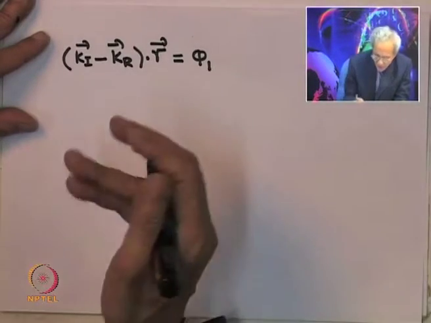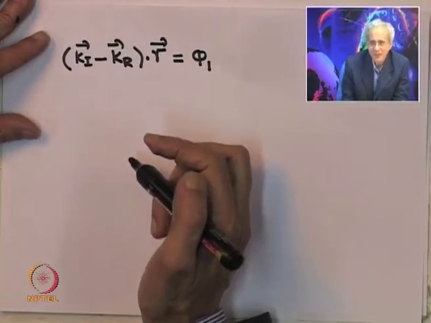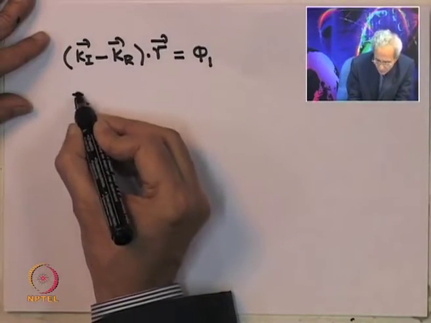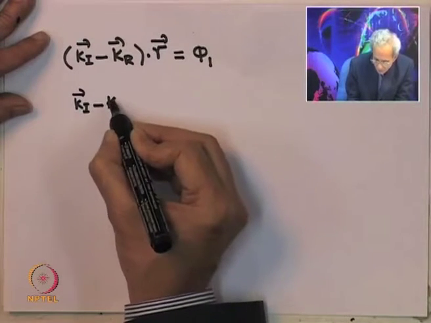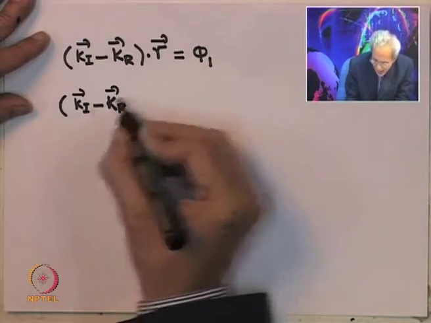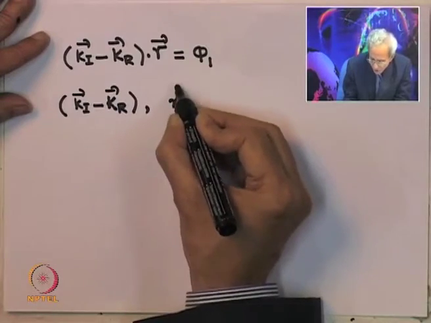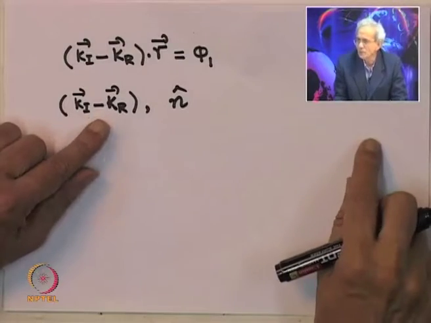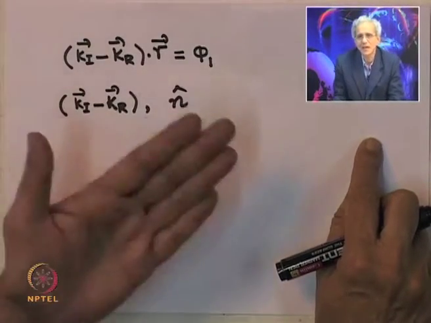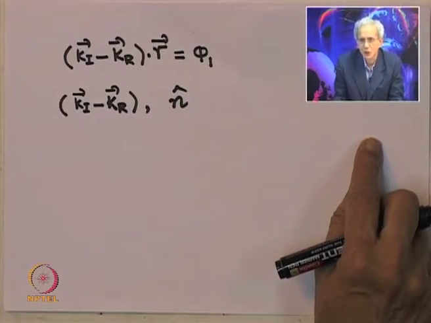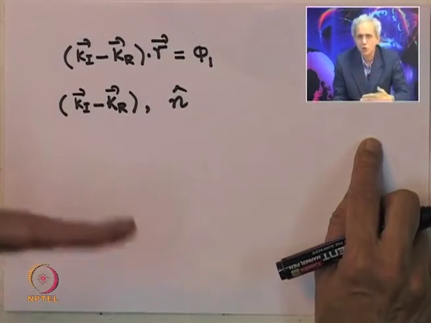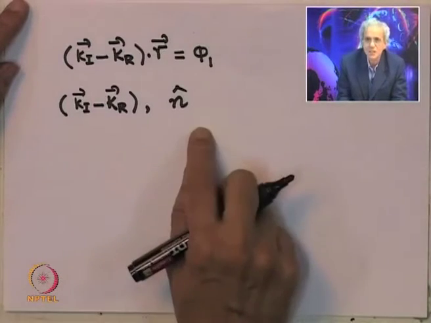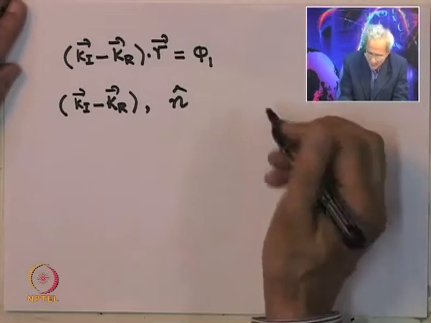Now suppose that k_i minus k_r and the normal n to the surface lie in the x-z plane. Remember that I have taken the x-y plane as the interface, so I have a choice there, and I choose this to be the x-z plane, which is my incident plane.